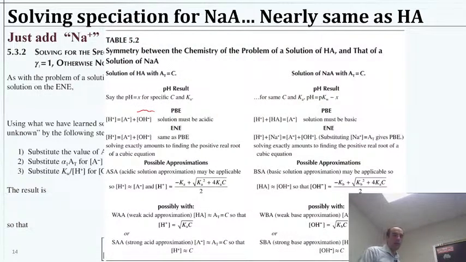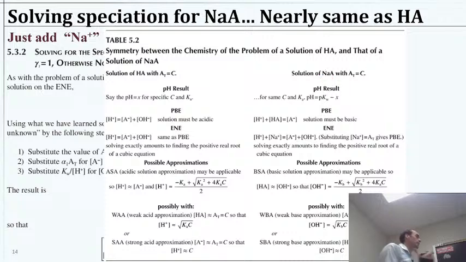There's a table that highlights the differences between using HA and NaA. On the left-hand side, we have the HA. On the right-hand side, we have the NaA.